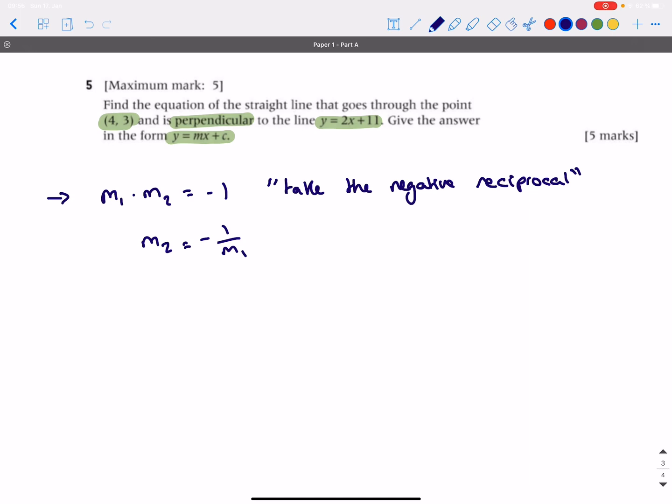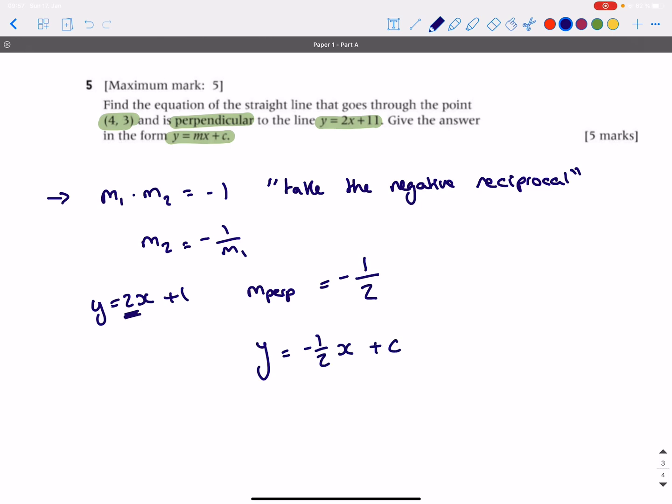So for us, we want a perpendicular gradient to the line y equals 2x plus 11, and our gradient here is that number 2. So to find our perpendicular gradient, that's going to be -1 over 2 instead. So what we now know is our straight line is going to be y equals -1 over 2 x plus c.